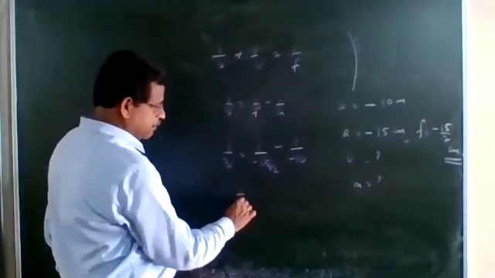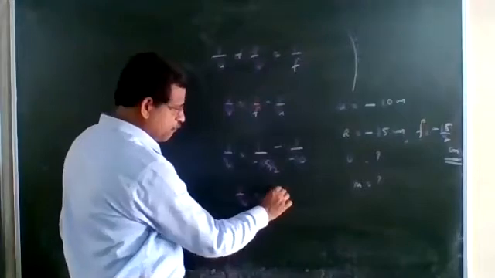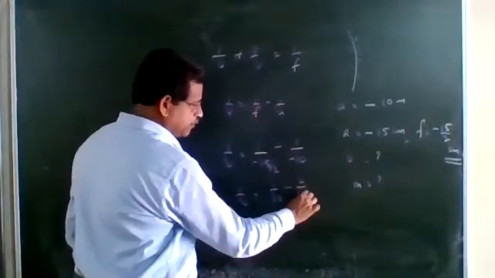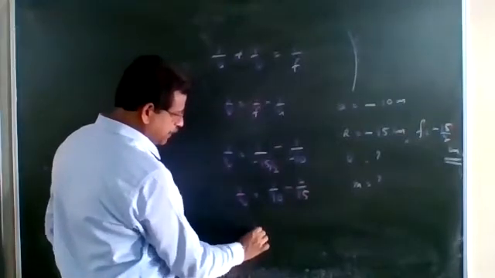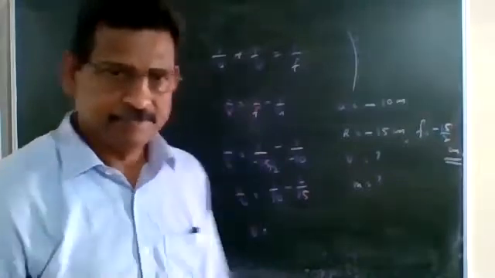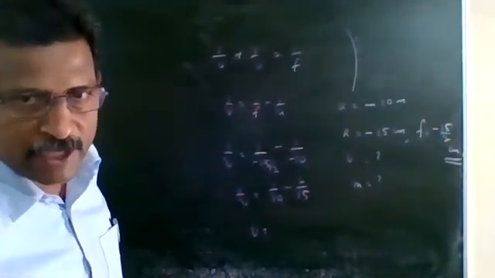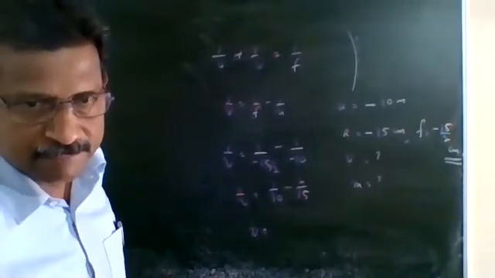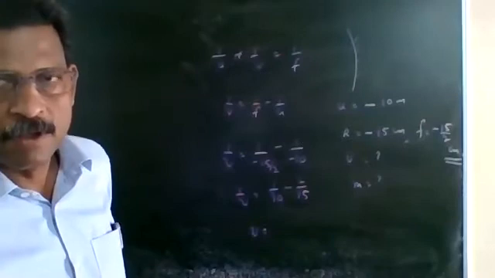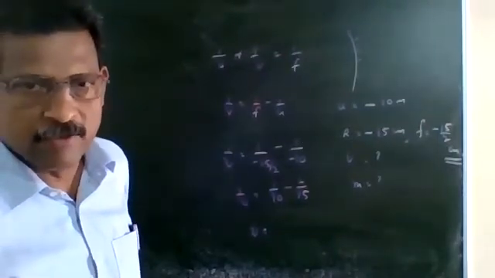So 1 upon v equals minus 2 upon 15, and this becomes plus 1 upon 10. Simplify the value of v and tell me what value of v you are getting. So the equation is 1 upon v is equal to 1 upon 10 minus 2 by 15. Simplify this for v.